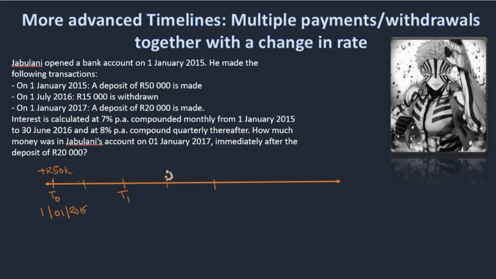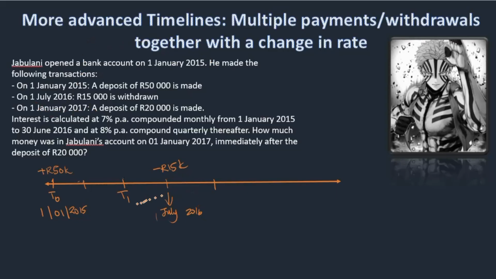So which means we have another transaction here, right? That's July 2016. What's happening there? We have 15,000 being withdrawn. Minus 15k, right? And then what else happens on 1 January 2017?